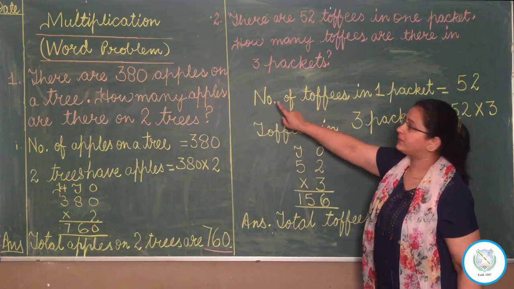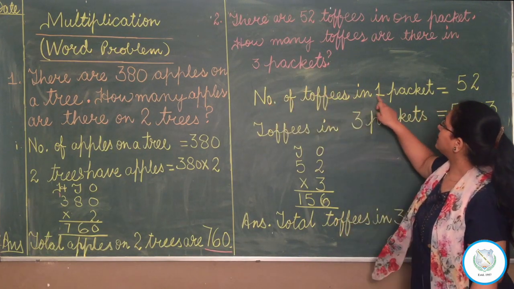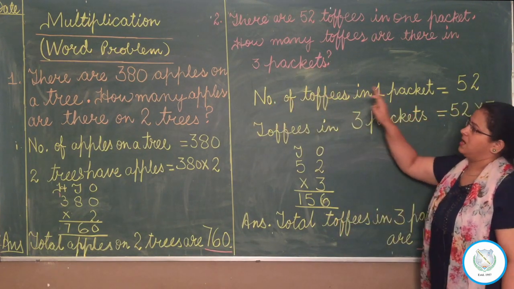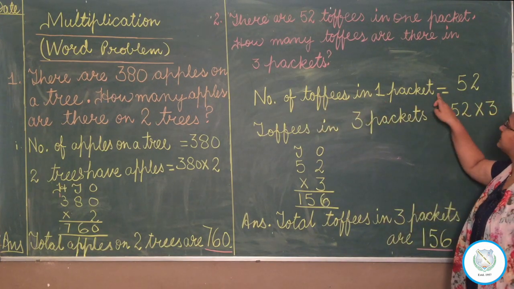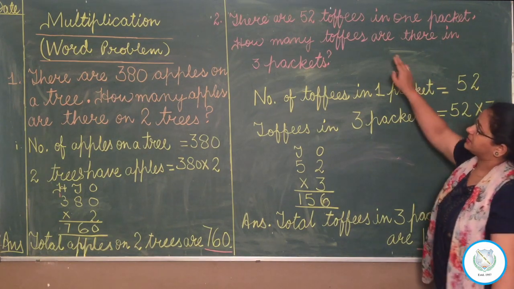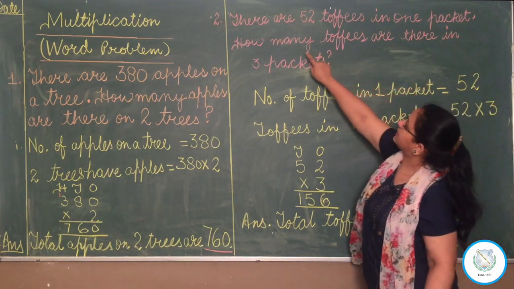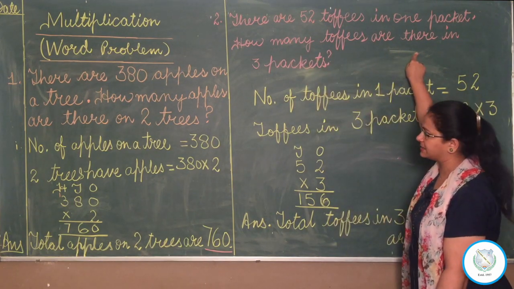The first sentence will be number of toffees in one packet, that is 52. Okay children. Now the second sentence is asking the question, how many toffees are there in 3 packets?